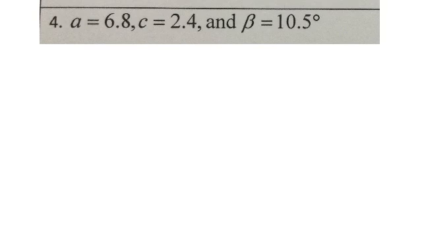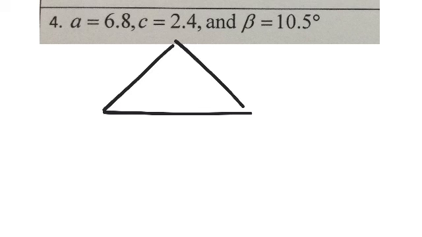Okay, so on 4, again, I've got side angle side. I've got two side lengths and then the angle between them. So I'm going to let this be beta, which is 10.5. Across from beta is side B, which I do not know.